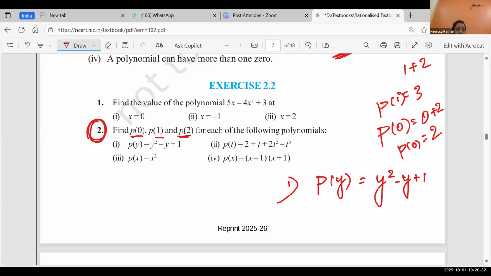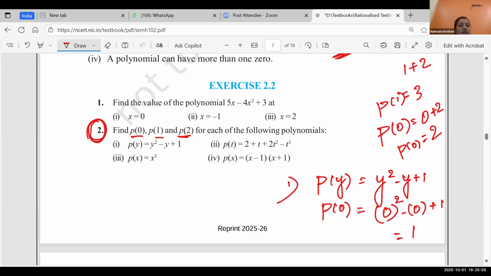Let me remind you, a polynomial p having the variable y is given in the RHS. You are supposed to find p(0). p(0) means just put y as 0 in your polynomial and find the value. So when you put y as 0, you will get 1 as the answer.